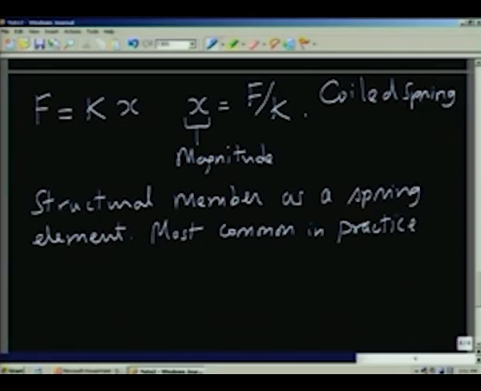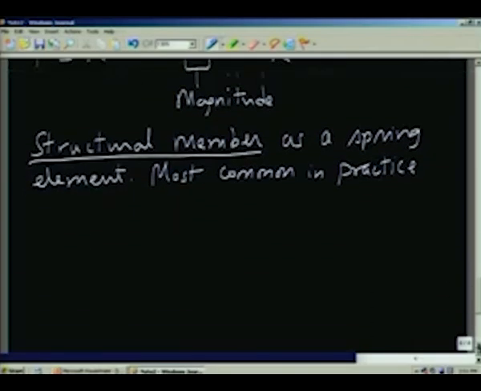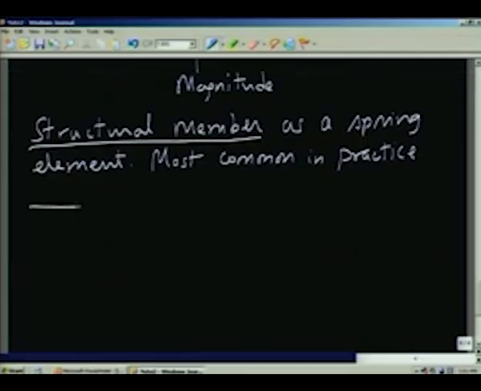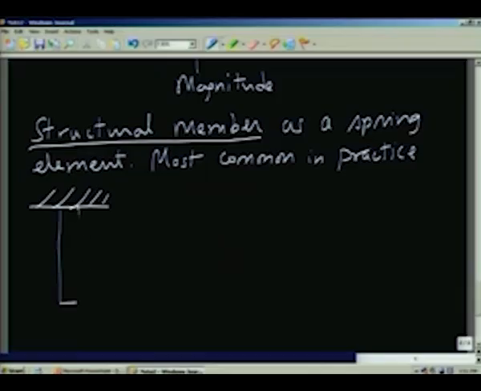So what do we mean by a structural member? It could be of different types. For example, if I have an elastic element which is in the form of a small length of a rod, so I have one end fixed rigidly and you have a rod, maybe it is a circular cross section for example. So I apply a force at the free end.